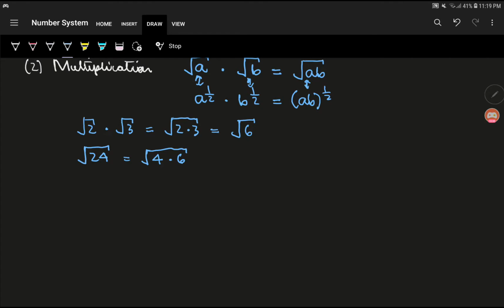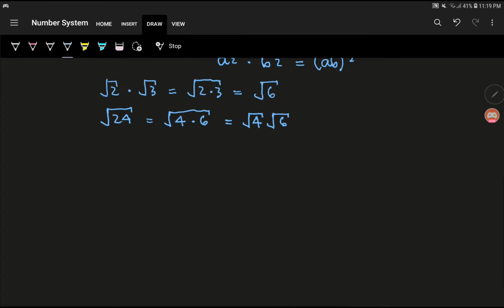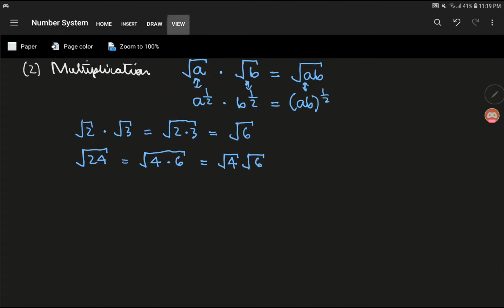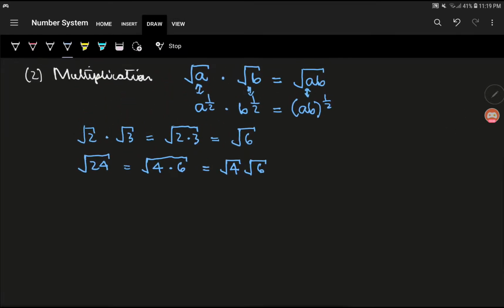So we write surd 24 as surd 4 multiply 6, and we can separate as surd 4 surd 6, and surd 4, because 4 is a perfect power of 2, so we can write it as 2 surd 6.